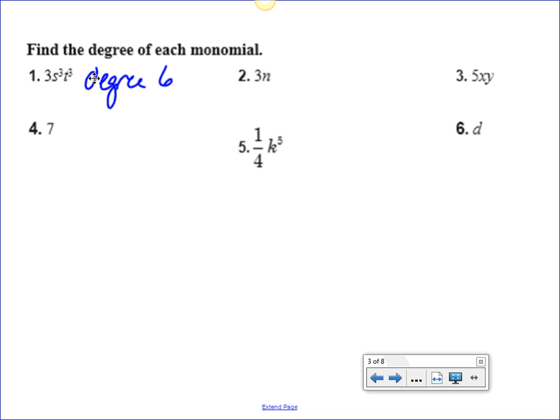Okay, the degree of this one is a 1. The degree of this one would be a 2. The degree of this one would be a 0. Okay, the degree of this one would be a 5. And the degree of this one would be a 1.